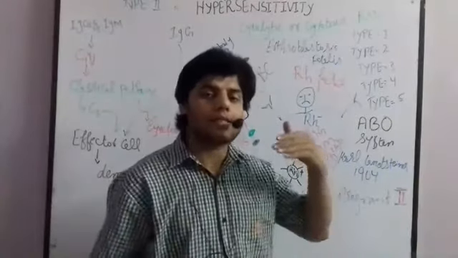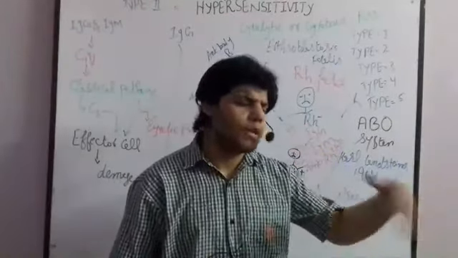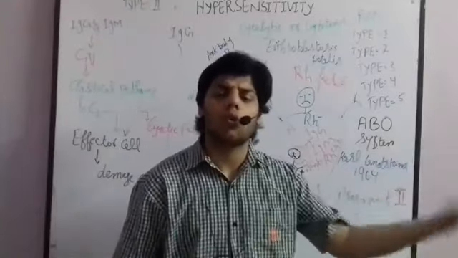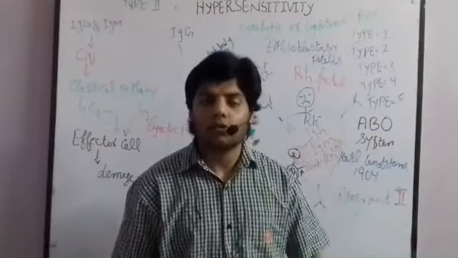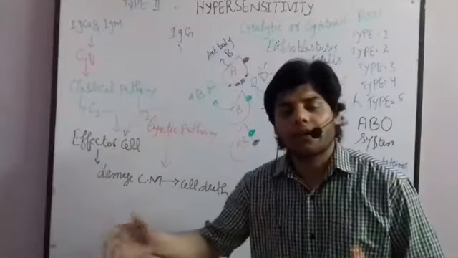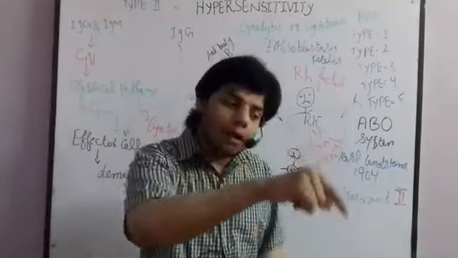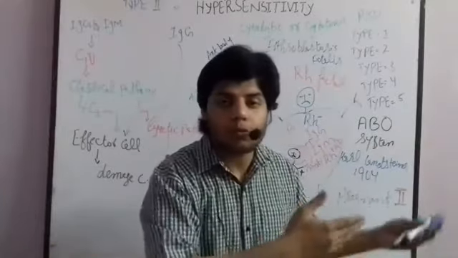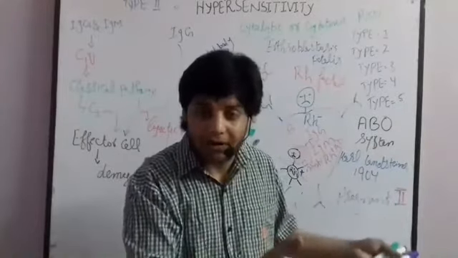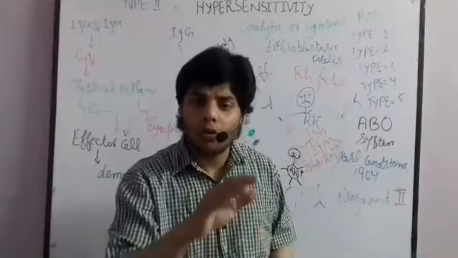If your partner is negative, meaning they are B negative, O negative, or AB negative, and let's suppose their partner is what?